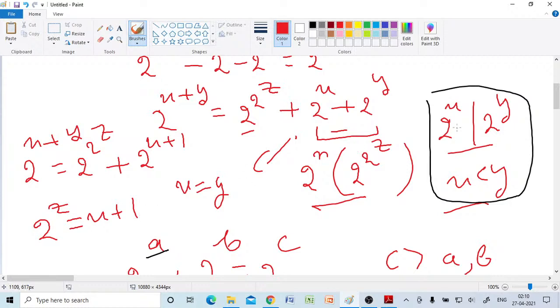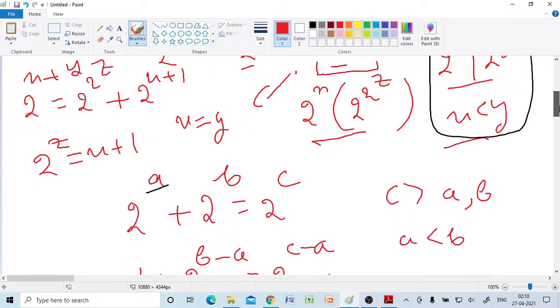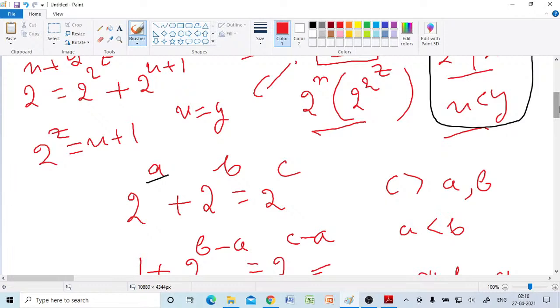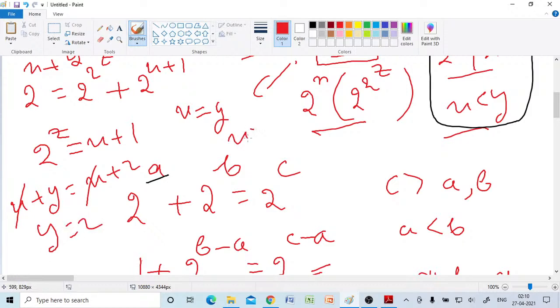When is it possible? And the second thing is that x plus y is x plus 2, so we can basically cancel this out. I think it's fine. Yes, it's fine. So we get y equals 2. So if y equals 2, then x equals 2.